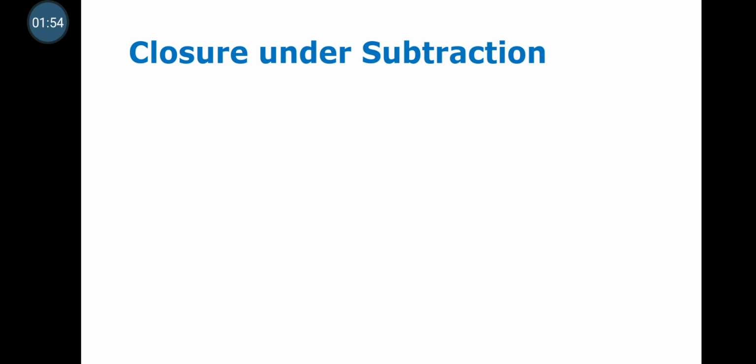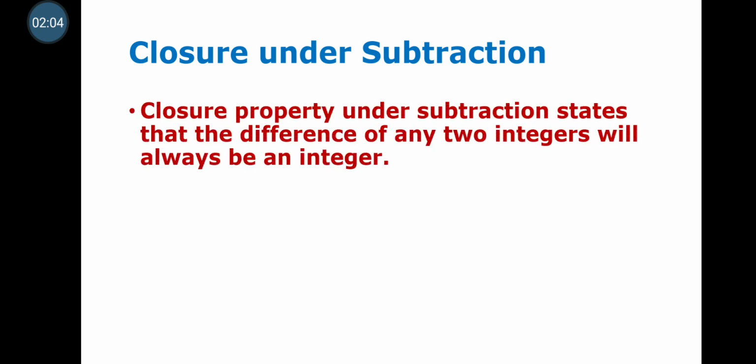Now closure under subtraction. If you subtract, will you get an answer that is also an integer? Closure property under subtraction states that the difference of any two integers will also be an integer.